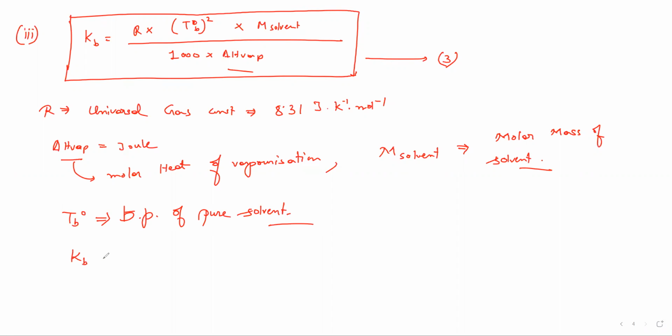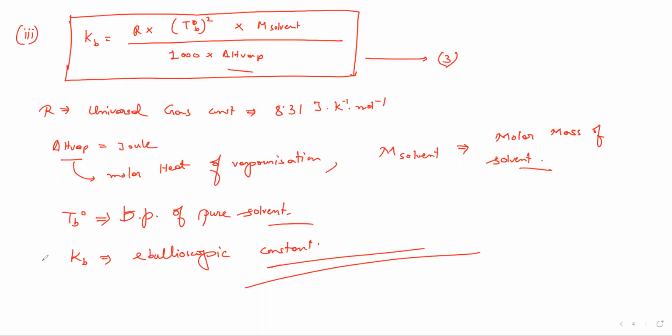Kb is the ebullioscopic constant. Okay, write it down. So that is about elevation of boiling point. Write it down quickly. Just a minute.